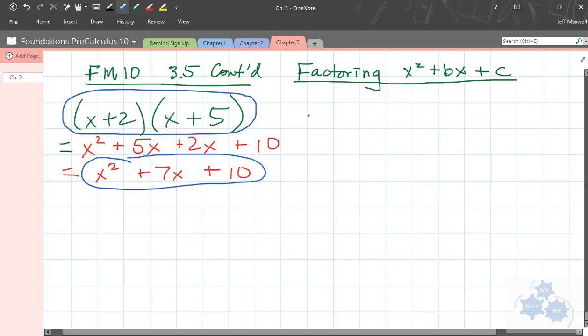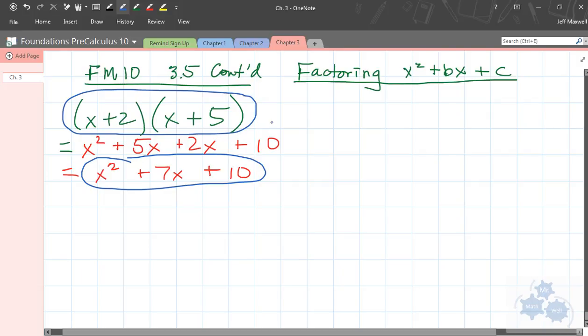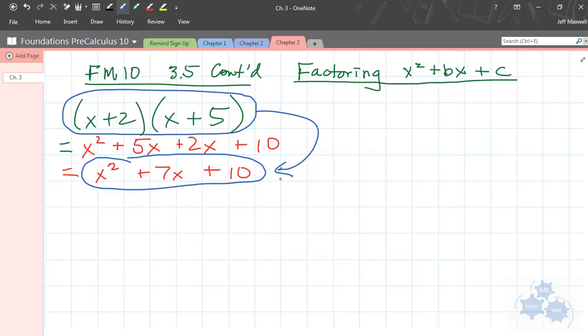Can you see a pattern? Just take a moment to look at that. Are there any connections that you see at all between this and this? Anything? Don't be shy. Any connections at all?